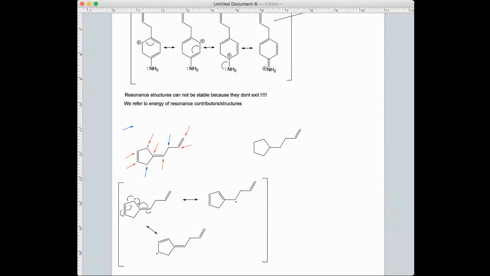It will accept another electron to form a bond, completing 8 electrons in the valence shell. So if we were to think about the real structure of this radical, the radical character is shared between this carbon, this carbon, and this carbon. In the rest, we will have, as you know now, partial double bond character.